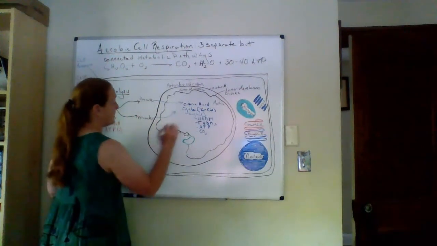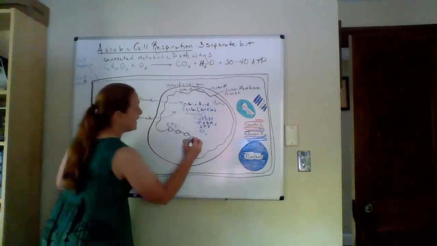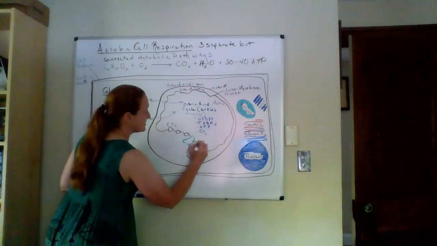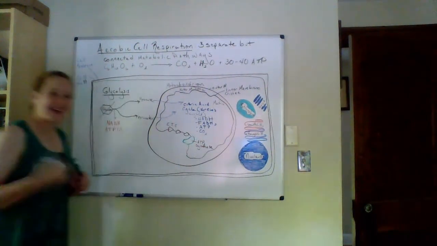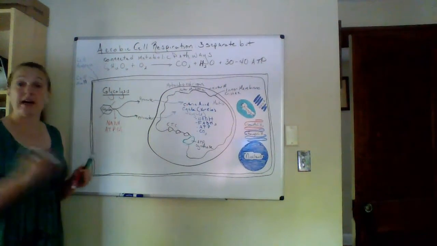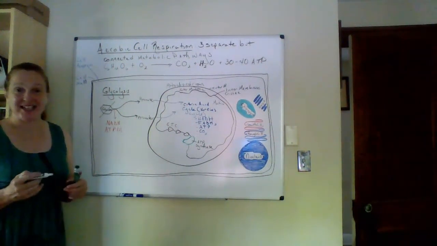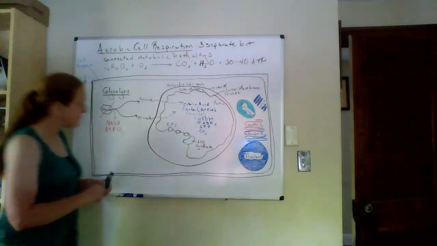So we have our electron transport chain, which I'm going to abbreviate with ETC, and then this is ATP synthase. Remember, ATP synthase is an enzyme making ATP, fusing together that third phosphate with adenosine diphosphate. It's our energy molecule. It's going to be used everywhere inside of our cell.